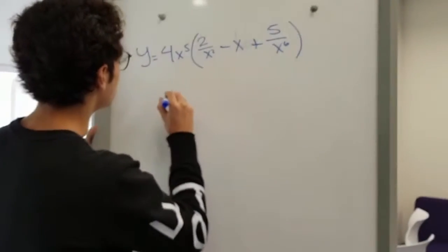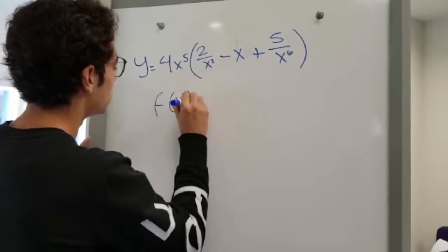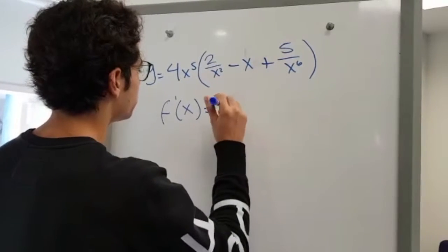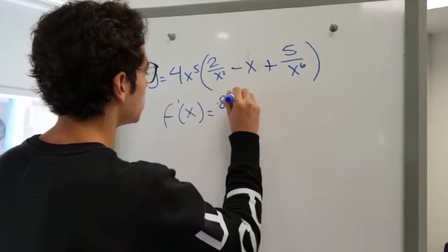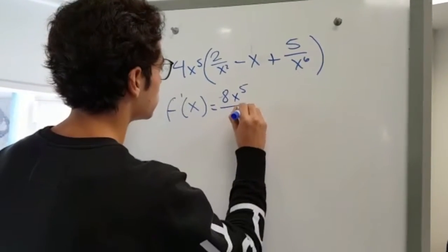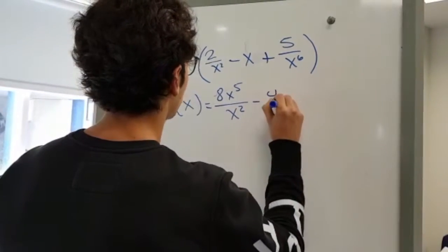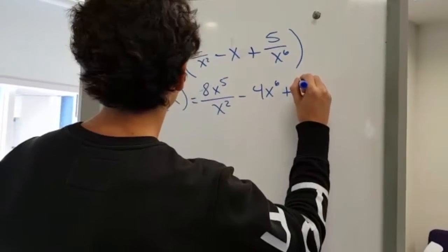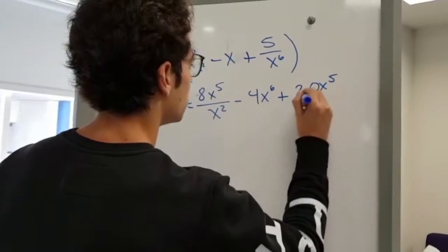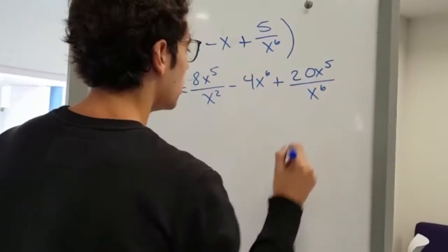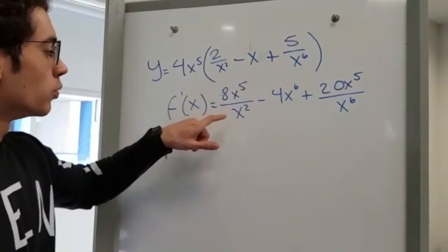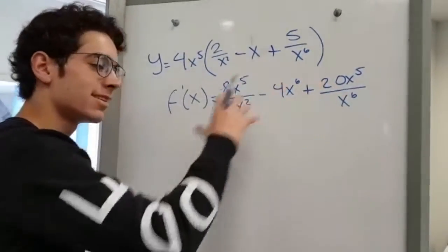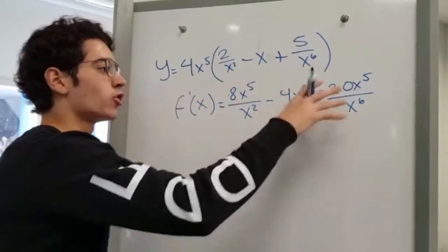So it's going to be f prime of x equals 8x to the 5 over x squared minus 4x to the 6 plus 20x to the 5 over x to the 6. Then we need to cancel some x's, because this is not nice.